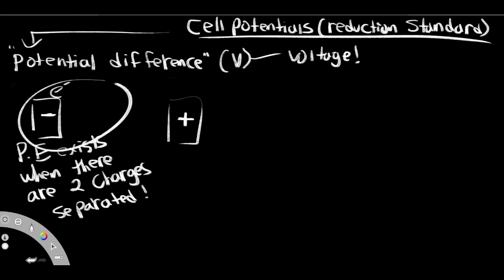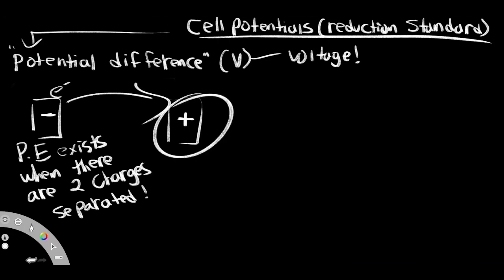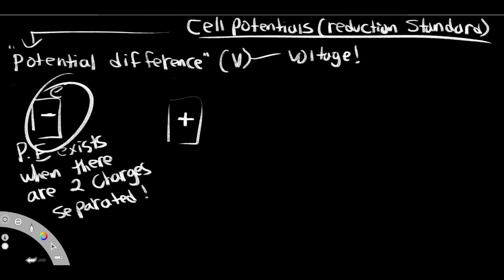So there's some sort of force acting on this end over here, and that force is trying to bring this one together with that end over there. And when that gets released, this amount of energy, the flow of electrons finally able to jump from here to here, that is known as the voltage.